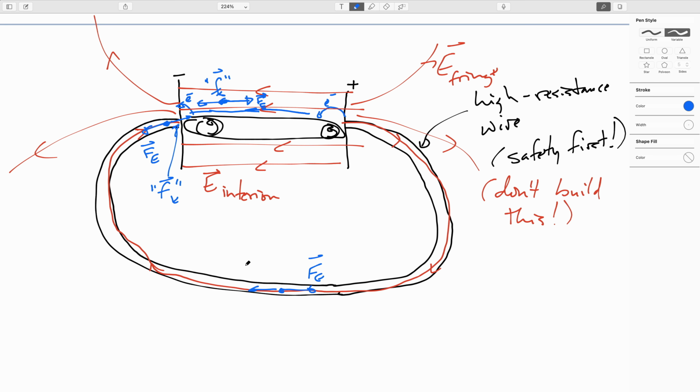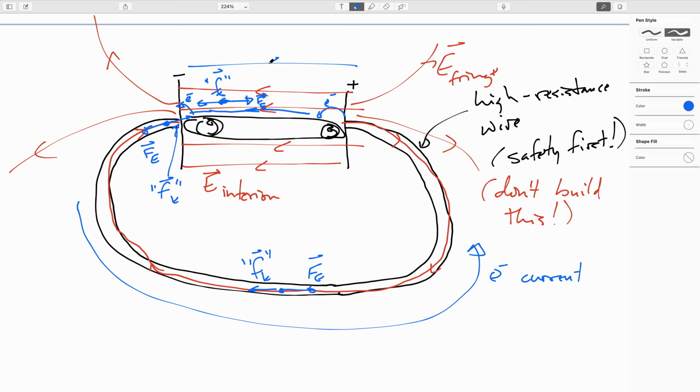So here we'd have our electric force, and here we'd have our analog to friction here. And just the electrons will go around counterclockwise, both inside and outside the battery. So we got that the electron current is flowing counterclockwise everywhere, both inside and outside our Van de Graaff generator battery.